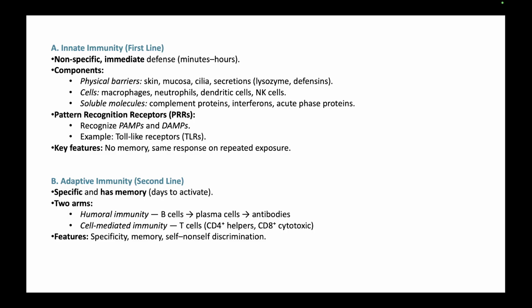So that is humoral immunity. But when the cell is itself involved, that happens in T cell mediated immunity. The features of this kind of immunity: it is specific, it has memory, and it can also discriminate between self and non-self.